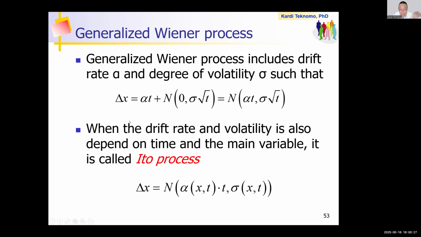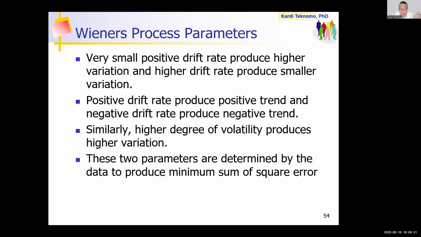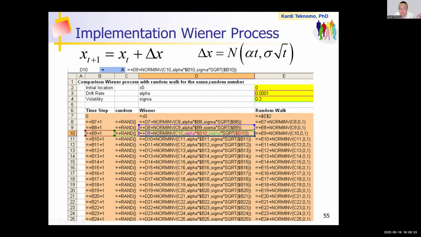Again, you can compute this if you want. This is the example I put in Excel. Say you put alpha and sigma here, then you can set the Wiener process.